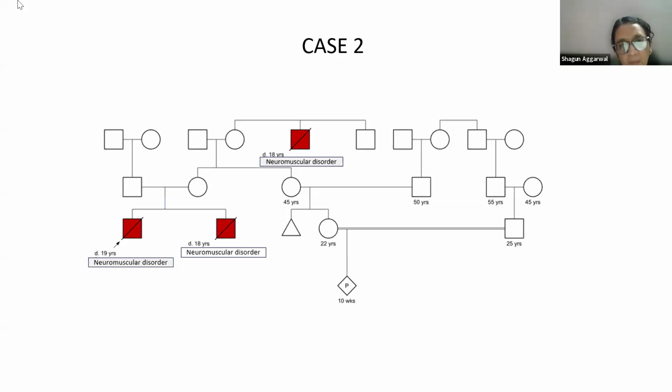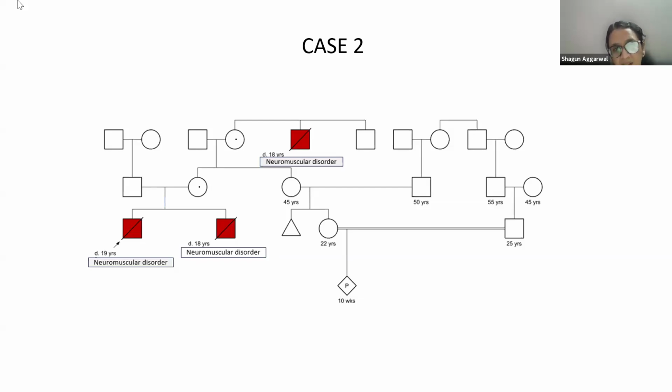Because in this family, the basic problem is that we can't reach a diagnosis unless we do genetic testing. To do genetic testing, ideally you need the proband sample, that is the affected person's sample. But here none of the affected people are alive. In such a situation, the option is to find the carriers, which are basically the women connecting them.